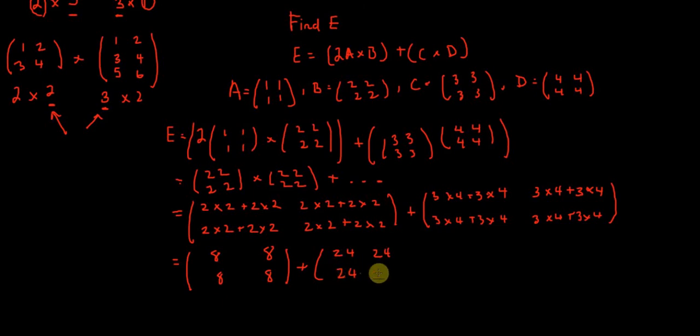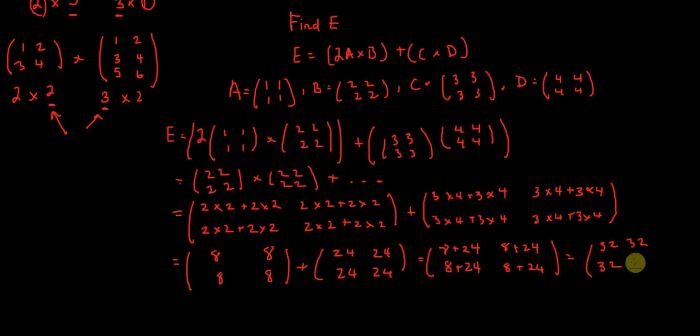Then finally, we use our rules of addition, and we're going to get in every single space 8 plus 24, which, if you're working ahead, you'll see is just a 2 by 2 matrix of all 32s. Okay, we know from earlier that this could actually just be rewritten as 32 times [1, 1; 1, 1]. And there we have it.